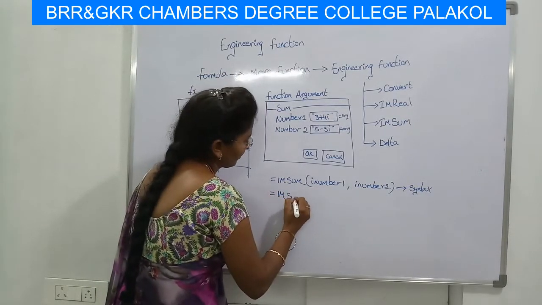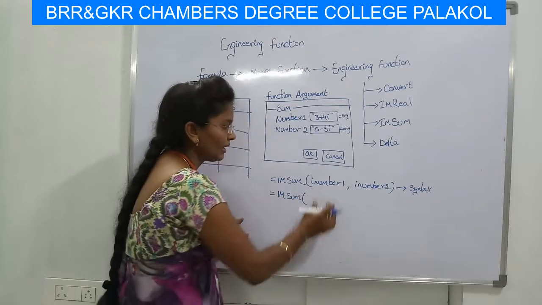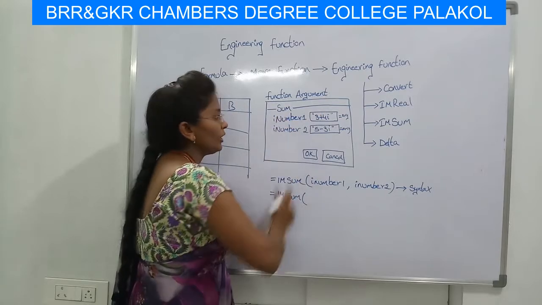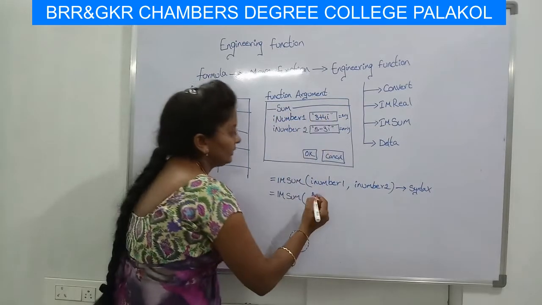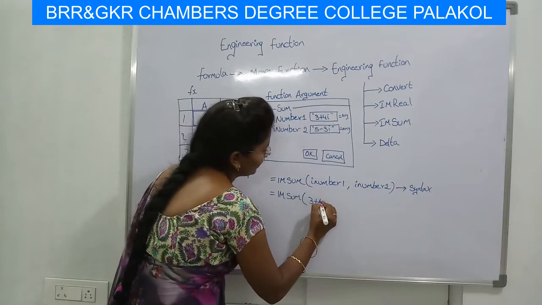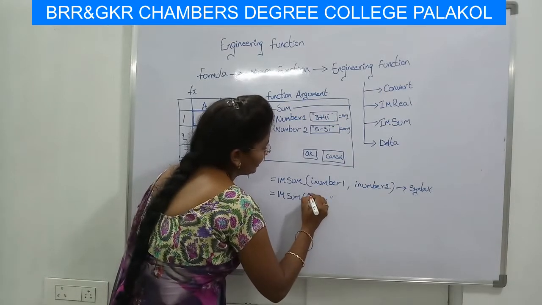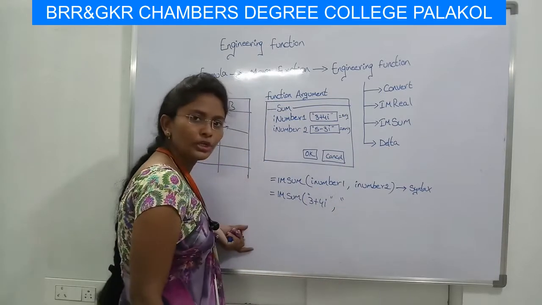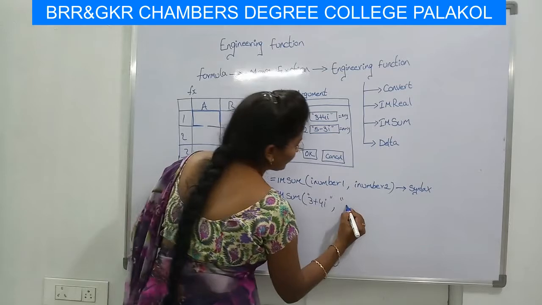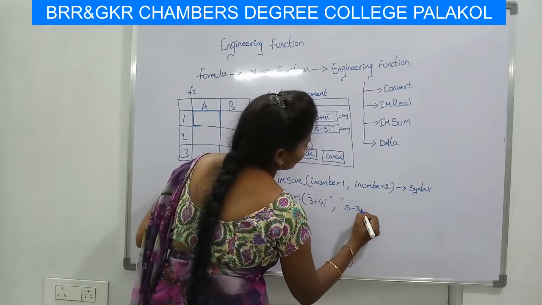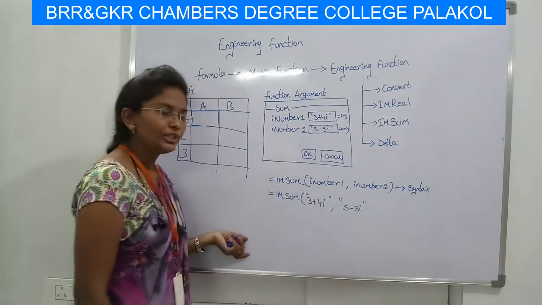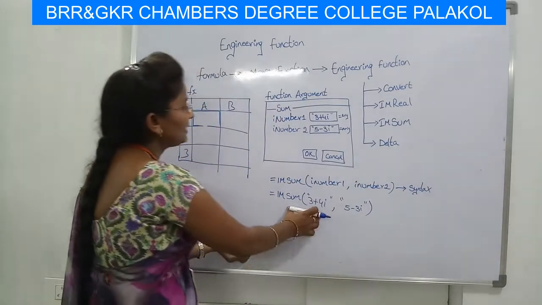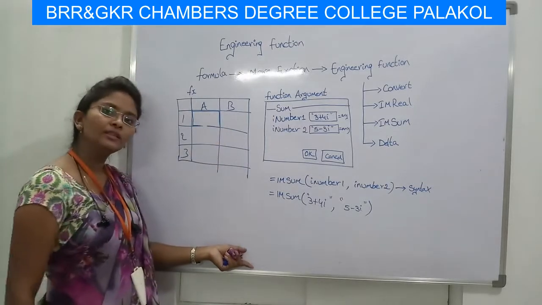IM sum, inumber1 is 3 plus 4i, which should be in double quotation marks, comma, again quotations, and the second number is 5 minus 3i, again quotations, close the bracket. And it will display the answer in the A1 cell.